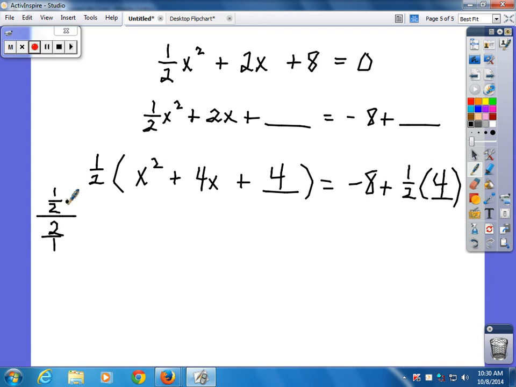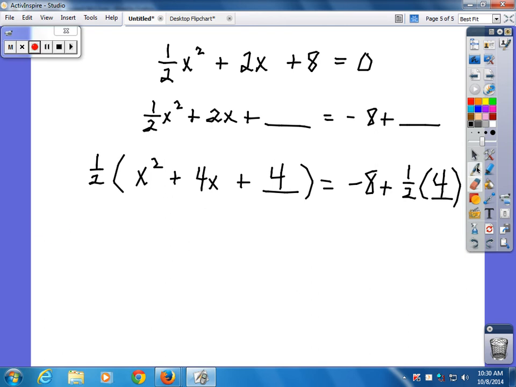Multiply by the what? Did I do it wrong? I thought you multiply by 2. No, I'm right. I got to pull out 1/2, divide by 1/2. I'm sorry, I was thinking of what y'all do.